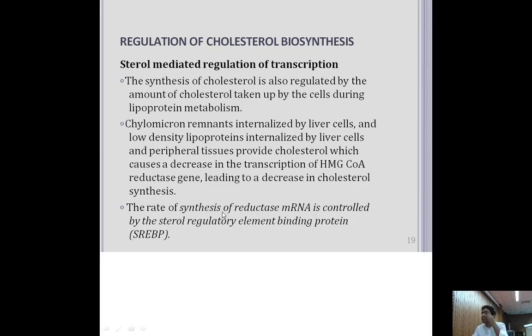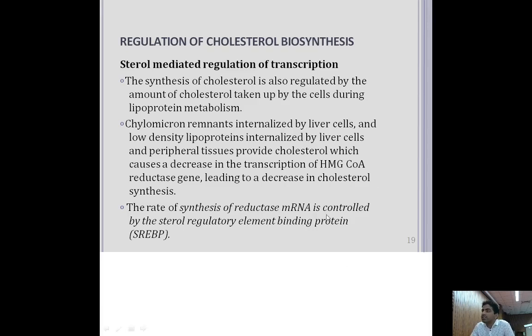Now, how is this transcription decreased? Transcription means the formation of HMG coenzyme reductase mRNA from the HMG coenzyme reductase gene. From DNA to RNA is transcription, and from RNA to protein formation is translation. I think you must all know that.